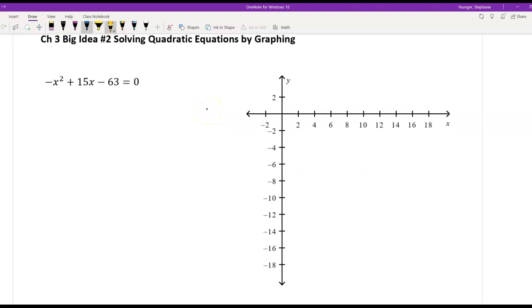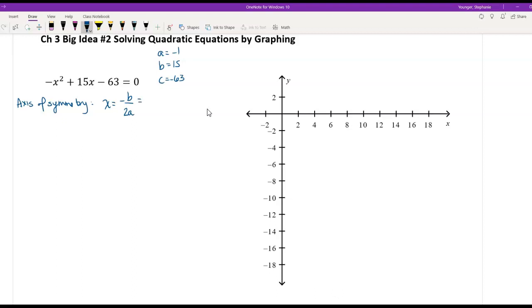So let's find our A, which is -1, our B, which is 15, and our C, which is -63. So our axis of symmetry states x equals -b over 2a.